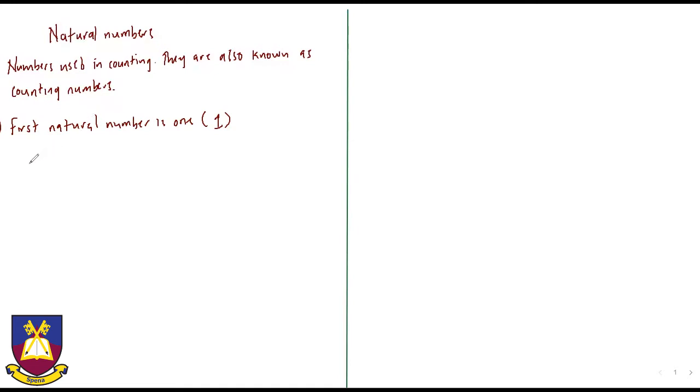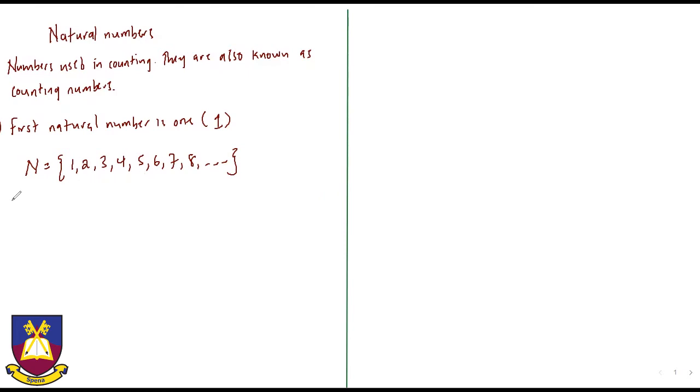In fact, if I were to list the elements in the set of natural numbers, the set of natural numbers in mathematics is normally denoted with capital N. Then I would write 1, 2, 3, 4, 5, 6, 7, 8, and so on. So the first natural number is 1, and the set of natural numbers has an infinite number of elements.